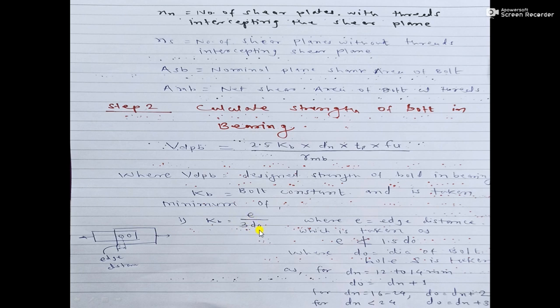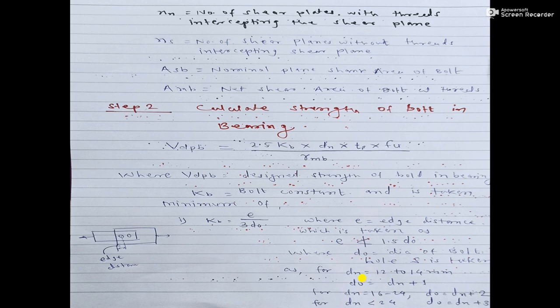This gross diameter is calculated as follows. When the nominal diameter is given, the nominal diameter is nothing but the diameter of the bolt before bolting. Suppose in the market we have purchased a bolt, that diameter is the nominal diameter.